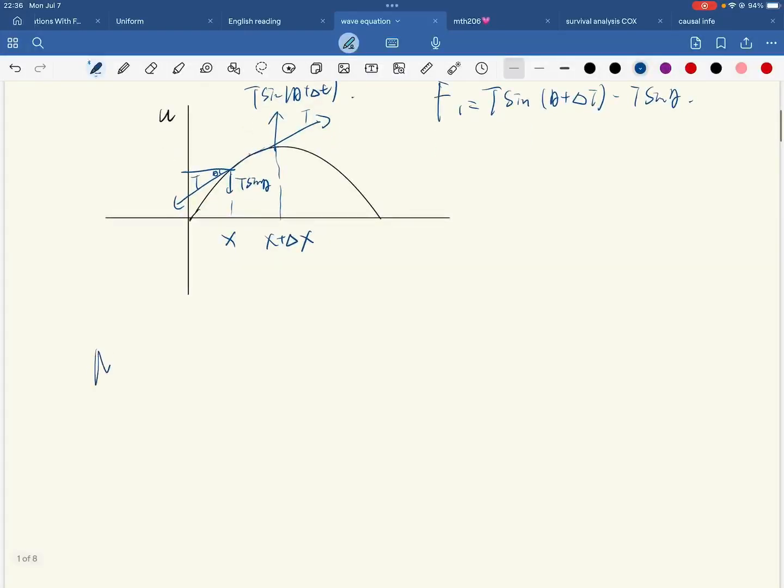Now, based on Newton's second law, F equals ma.